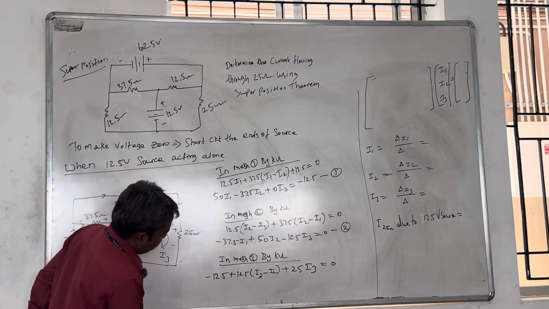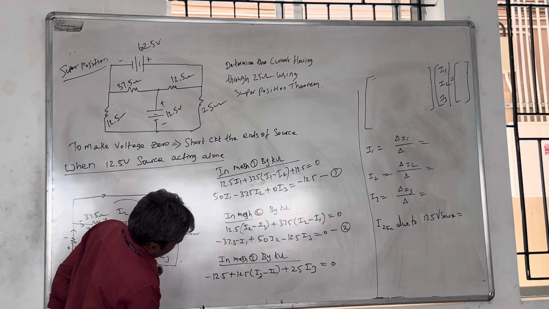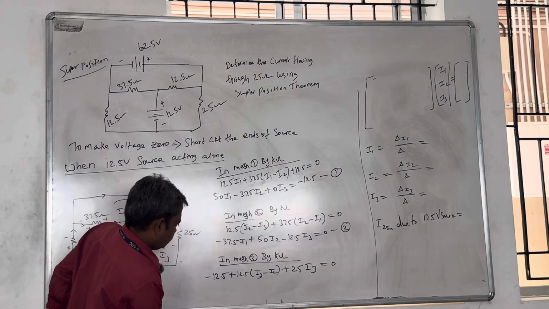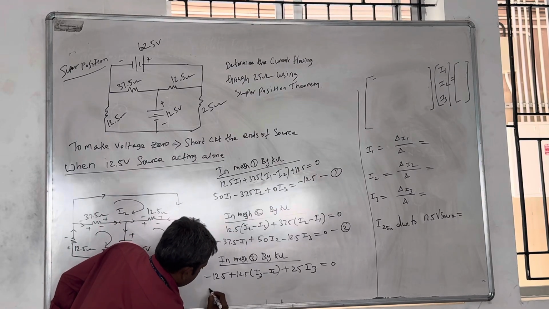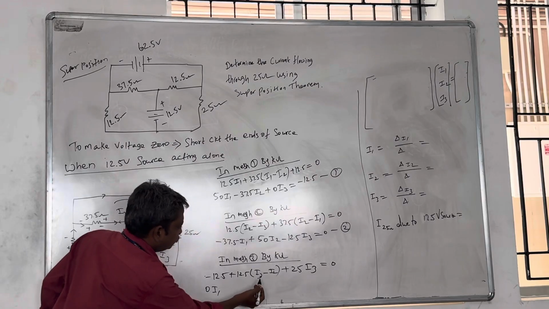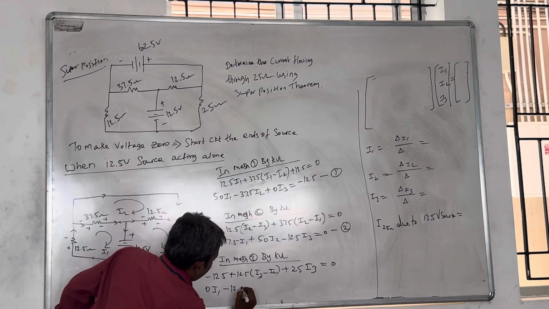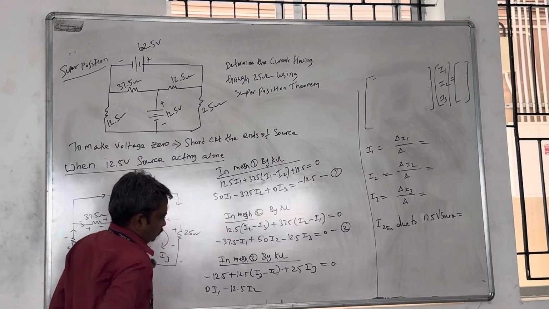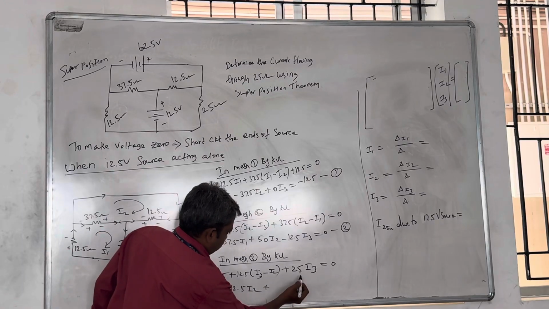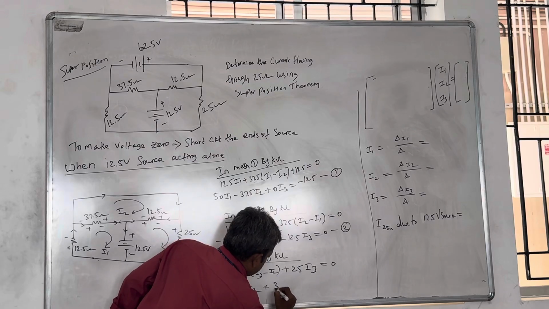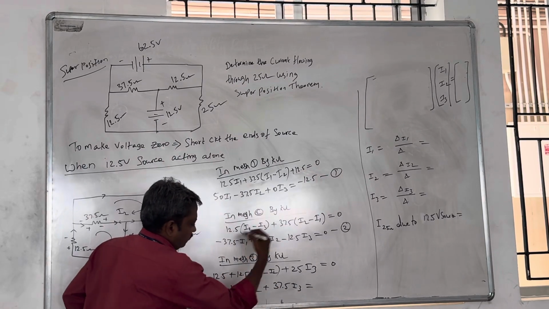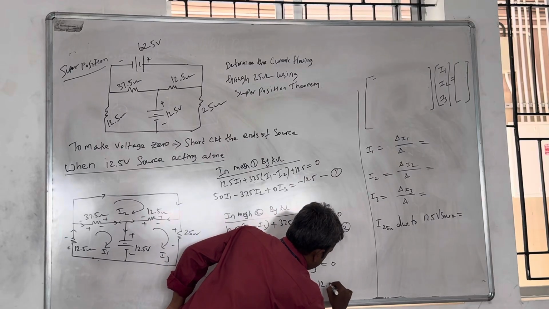Then you sum it: 0 I1 minus 12.5 I2 plus 25 plus 12.5, that is 37.5 I3, equal to minus 12.5 which will come to the other side as positive 12.5.